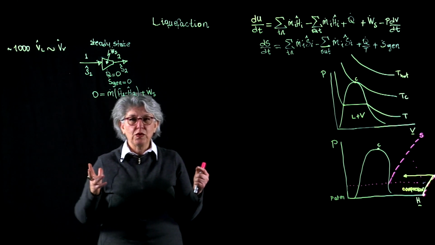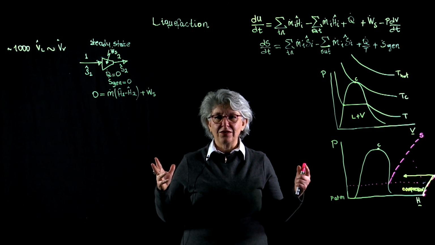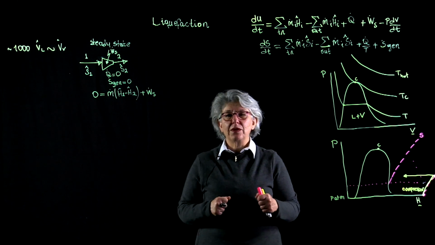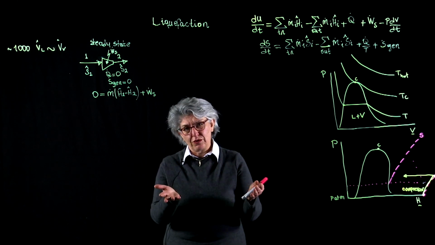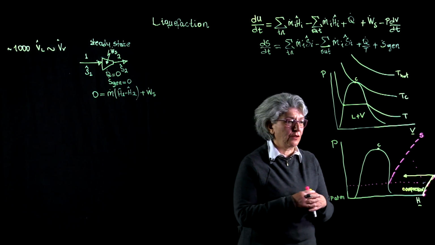If I'm going to start cooling a gas, I need a heat exchanger that is on the order of 1,000 times larger than if I'm exchanging heat to a liquid.